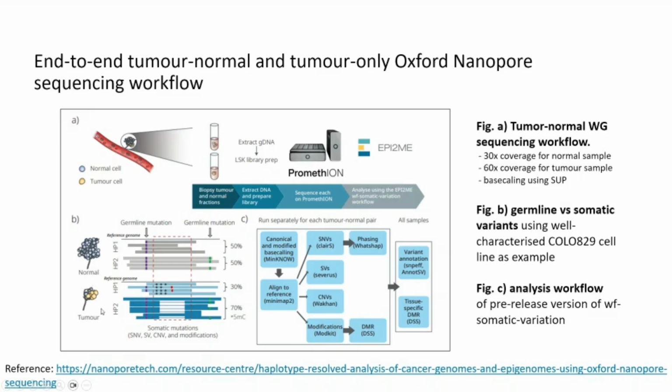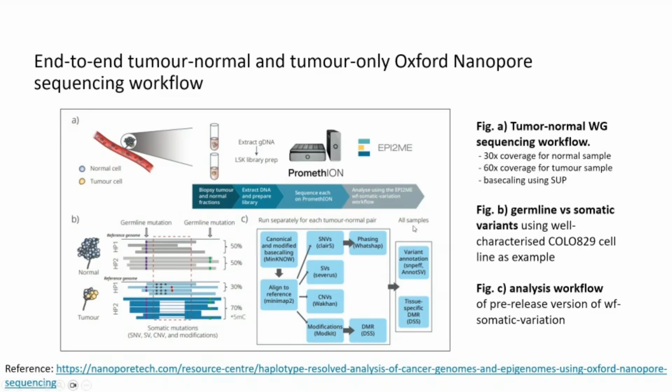When we have normal samples and tumor samples, and they have been sequenced and mapped to the reference, for the germline mutations we will see the mutations across the normal samples and also in the tumor samples. But for somatic mutations in the tumors, normally the variants will be detected in the tumor samples but not found in the normal samples. This is how we differentiate somatic variations from normal germline variations.